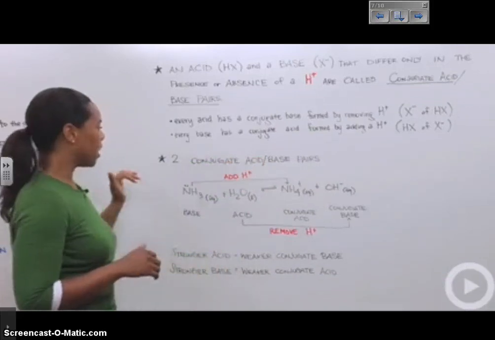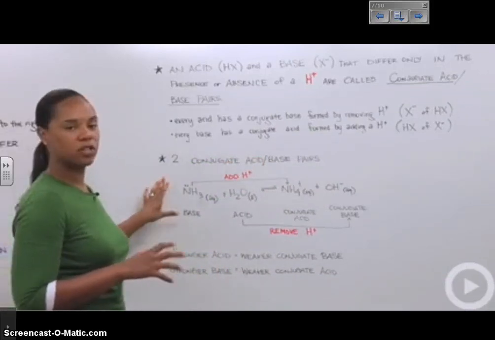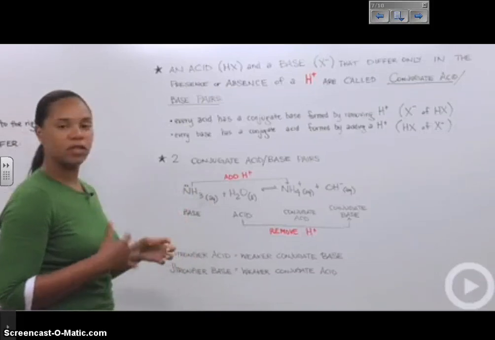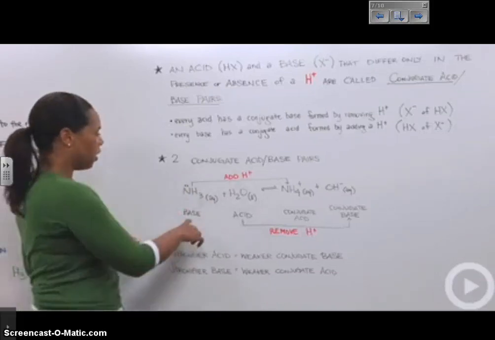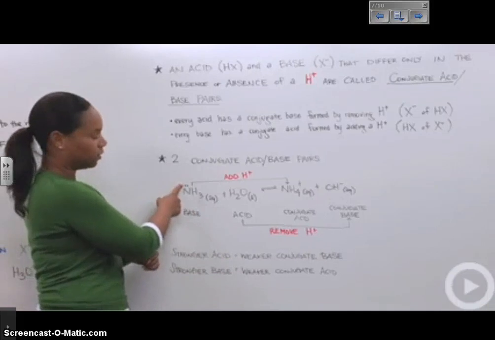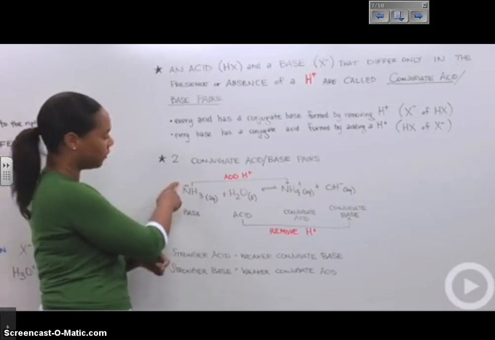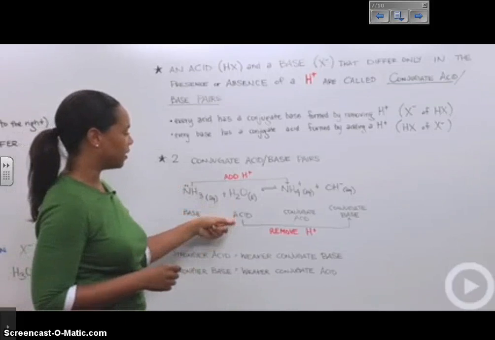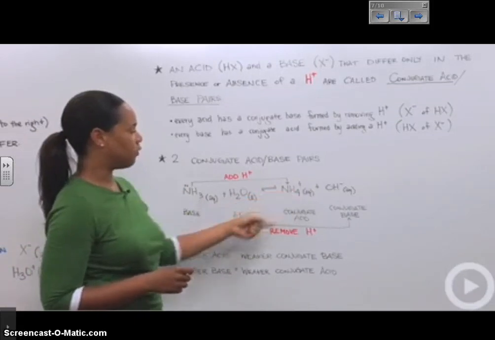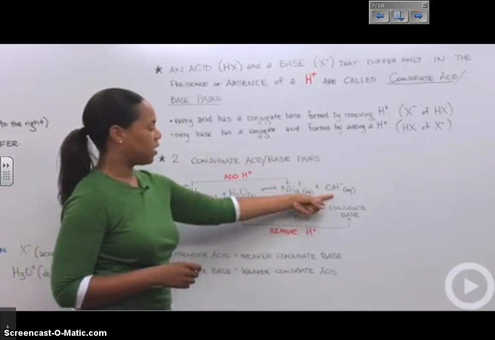Here's another simple equation, so we can put in some molecules and see how it works. We have NH3, ammonia, acting as a base, and it has this lone electron pair. And we have water acting as an acid and forming an ammonium ion, NH4 plus, and OH minus.